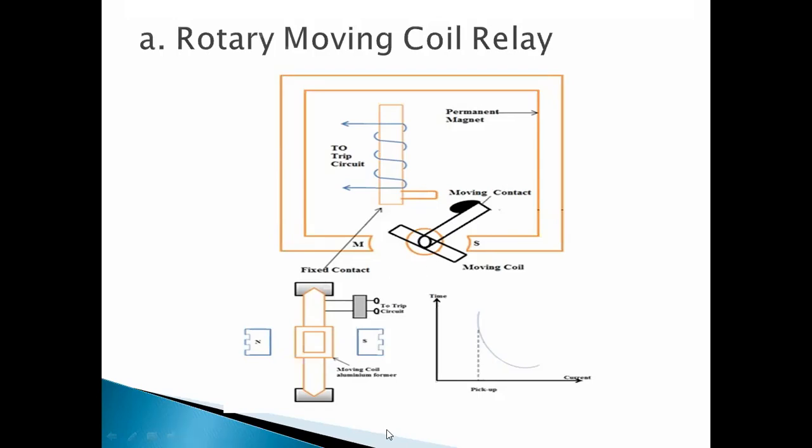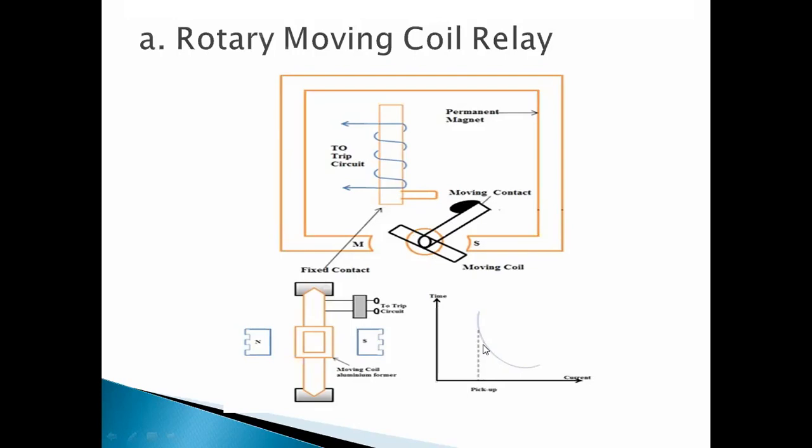Here there is one graph of time versus current. If the current starts increasing, the time required for the operation of the relay will decrease, and this is applicable for most of the relays.